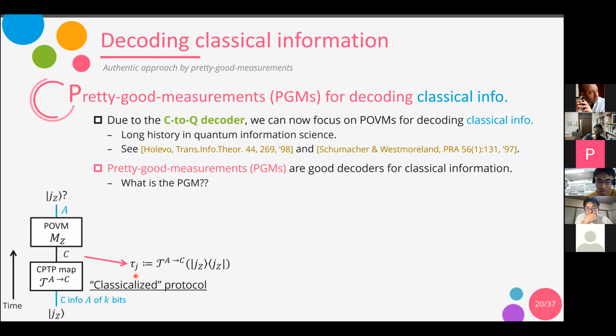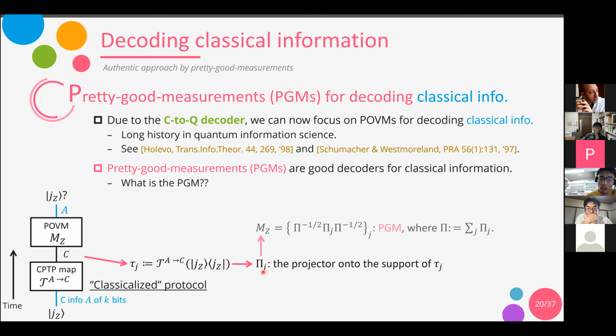From this tau j, we first compute the support of this state and construct a projector onto that support. We call this projector pi j. From this projector, we construct a POVM in this way. This is what we call the pretty good measurement.